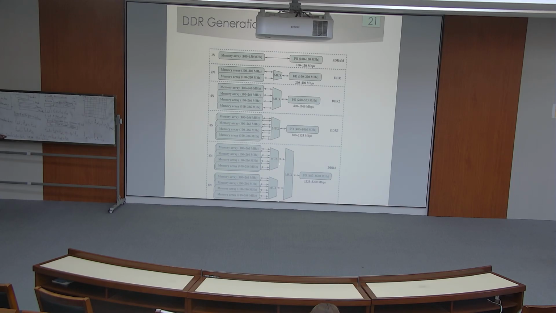Now, we have 8-bit prefetch, but you see there is an introduction of multiple banks, which allows parallel access, and it does increase the input-output data rate, as you can see depicted by this table. So these are the generations of the DDR double data rate memory.